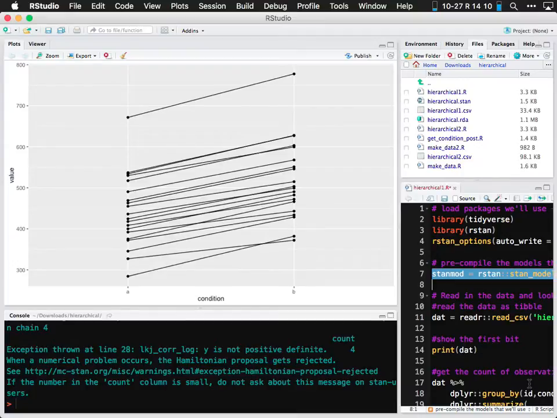To save. Yes, it's restarting our session.